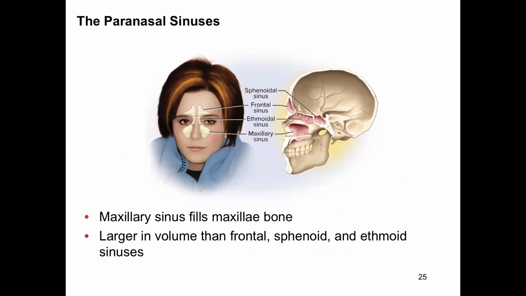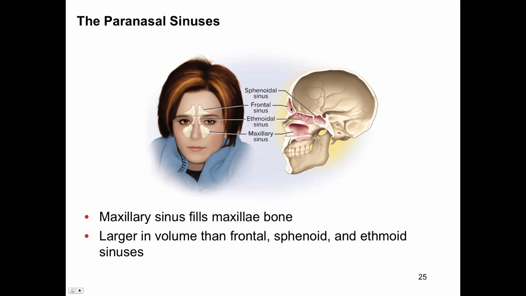Now, the sinuses. I was talking about the conchae. We have several sinuses, and you can sort of tell which sinuses they are by the name of them or where they're situated. The maxillary sinus is going to be in the maxilla. The ethmoid sinus is within the ethmoid bone. The frontal sinus is within the frontal bone.